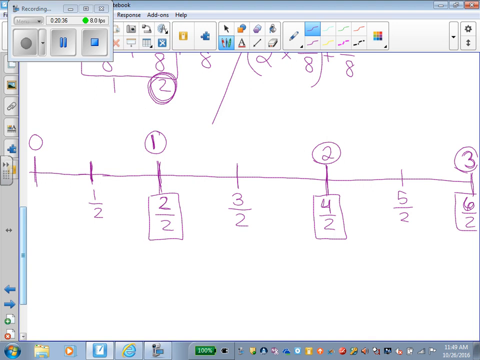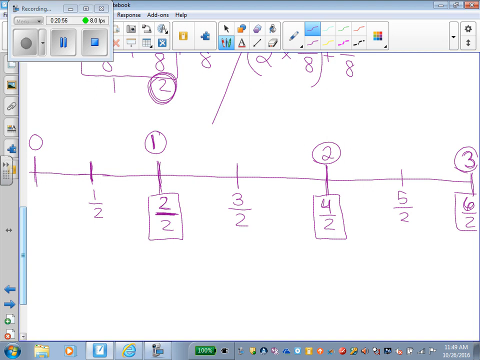Okay, everybody look up here at the board. How many of you knew that this fraction line means the same as divide? Anybody ever heard that? Okay. The fraction line here, every fraction line means the same as divide.